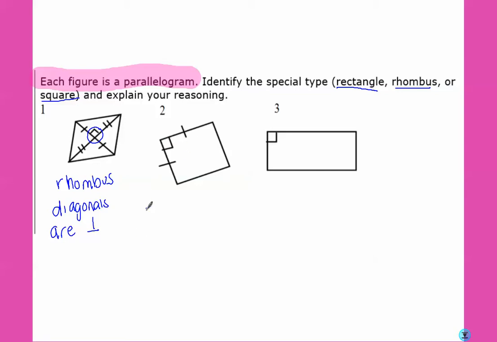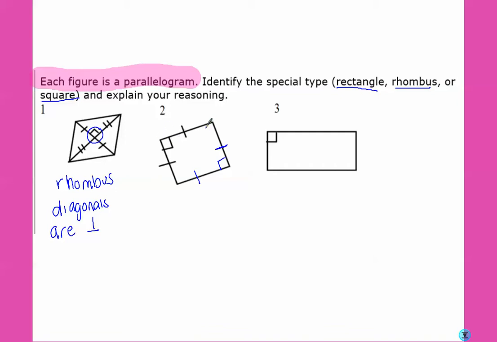Now this next one doesn't give us a lot of information except for the fact that we know it's a parallelogram. In a parallelogram, we know that opposite sides are congruent. So this has to be congruent to this, and this has to be congruent to this. We also know that opposite angles are congruent. So if that's a right angle, this is a right angle. We also know that consecutive angles have to add up to 180.